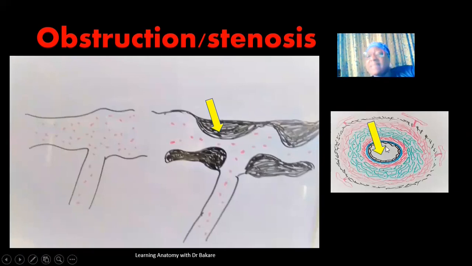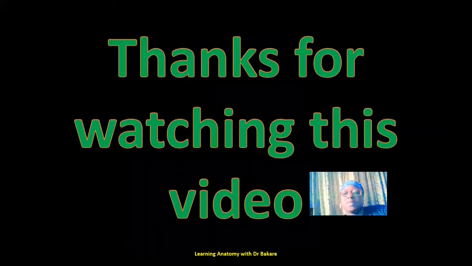So if there are deposits seen in the internal wall, which is the lumen, there's going to be a reduction of this space. And if there's a reduction in this space, it means that the quantity of blood that will be passing through it will be reduced. You can also use histological evaluation to deduce obstruction and also stenosis.